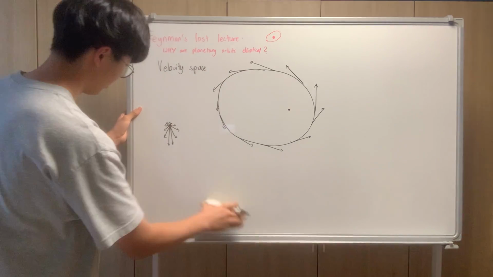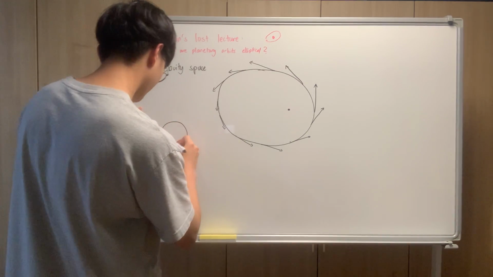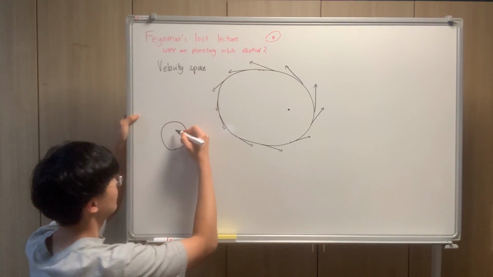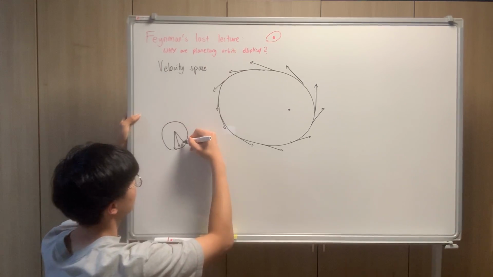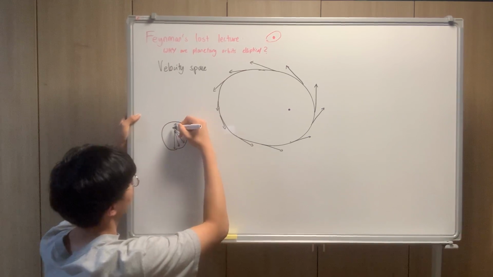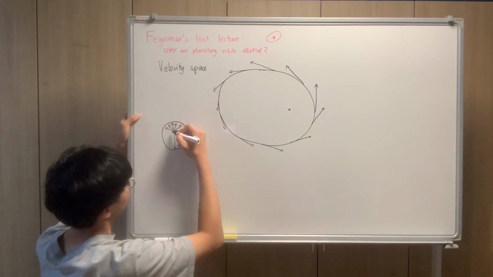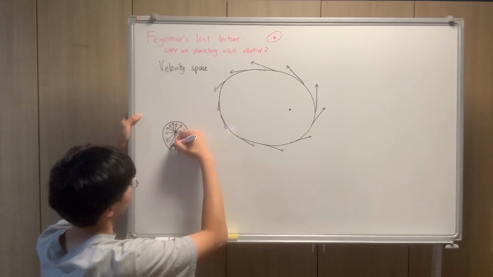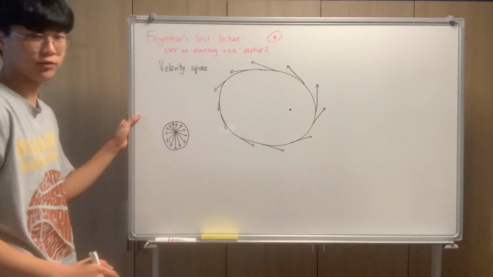This is not actually a perfect circle, so what I'm going to prove now is that we have something like that. The velocities will add up in the form of a perfect circle, whereby this point here is not the center of the circle because all these velocities are different.